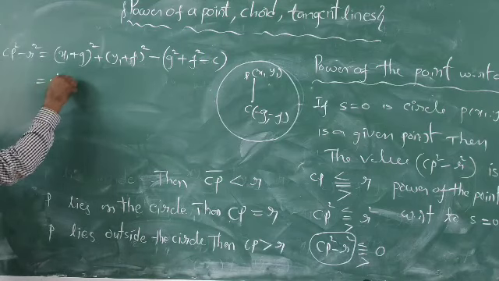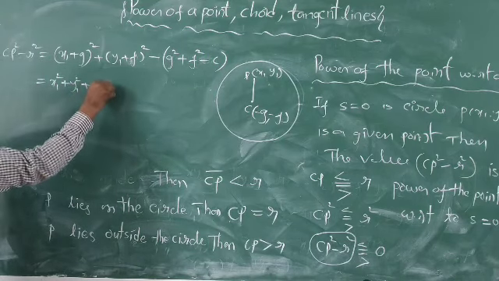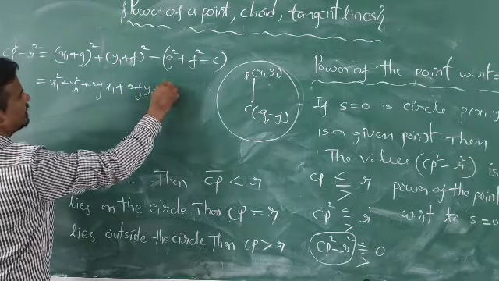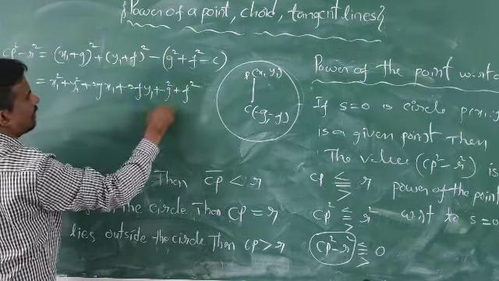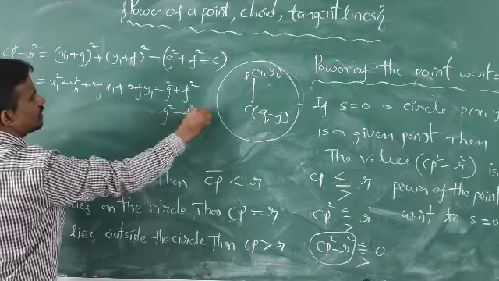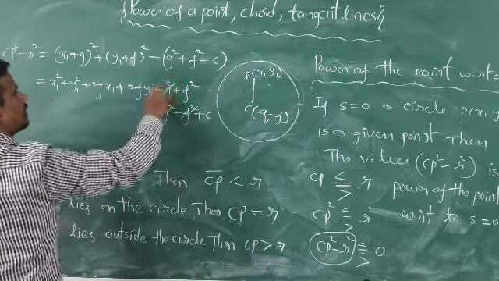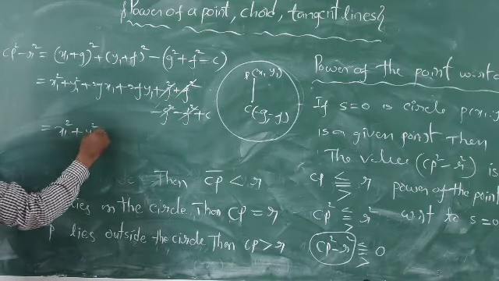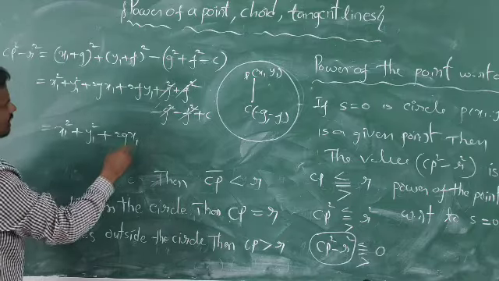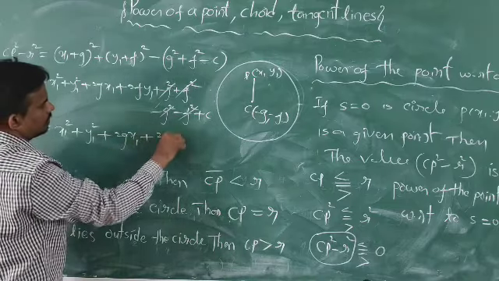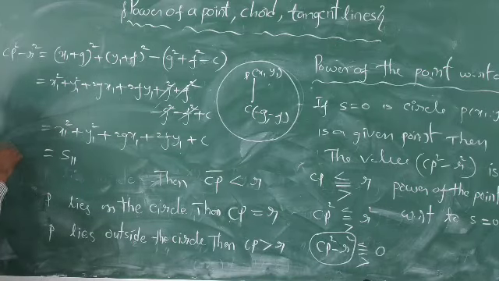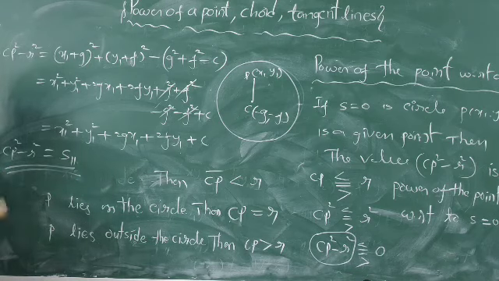If you simplify it, we get x1 square plus y1 square plus 2gx1 plus 2fy1 plus g square plus f square minus g square minus f square plus c, and cancel these terms, plus c. It looks like S11. CP square minus R square is S11.